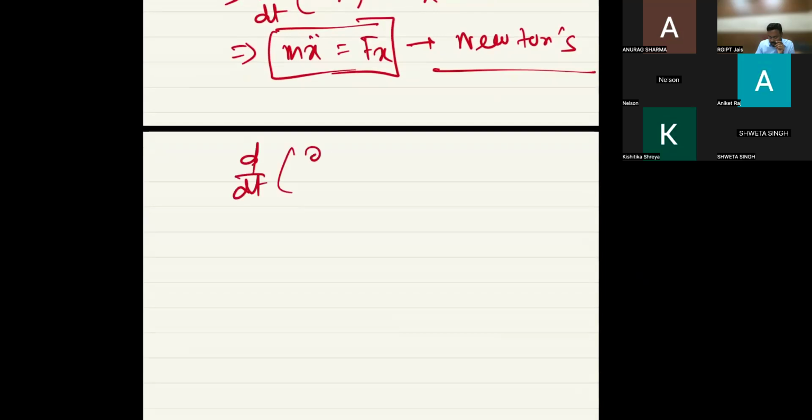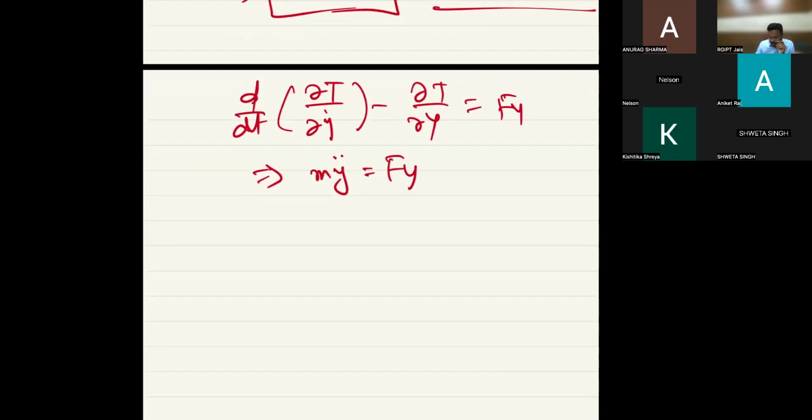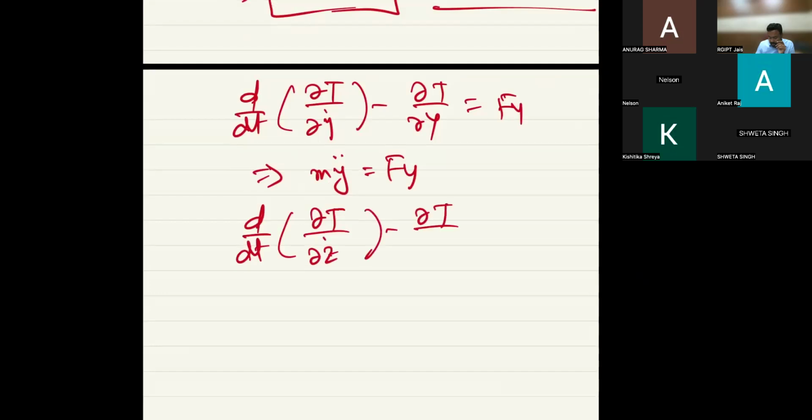d/dt of del T del y dot minus del T del y will be equal to fy. From here you will get m y double dot equal to fy. And you will have d/dt of del T del z dot minus del T del z equal to fz, and you will get m z double dot equal to fz.